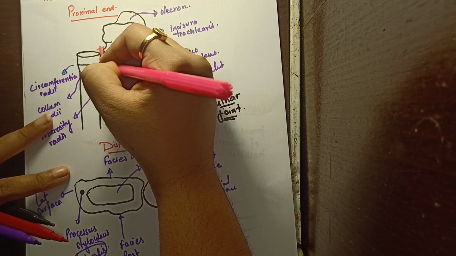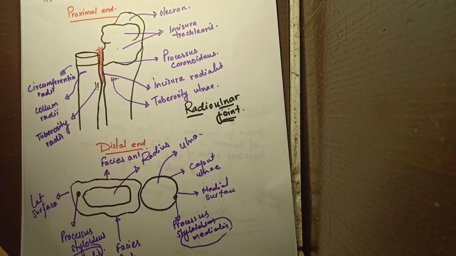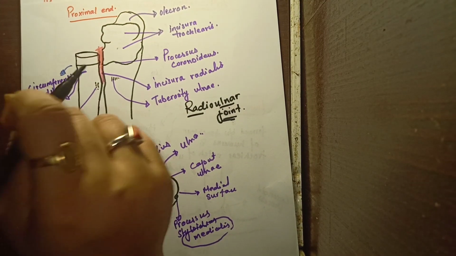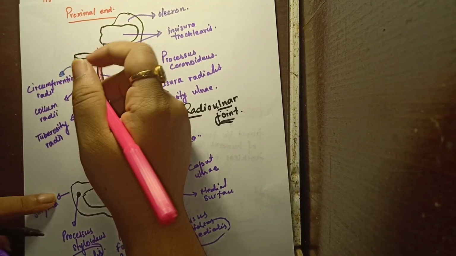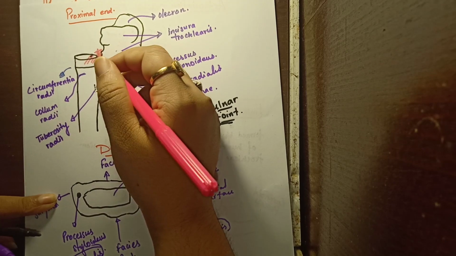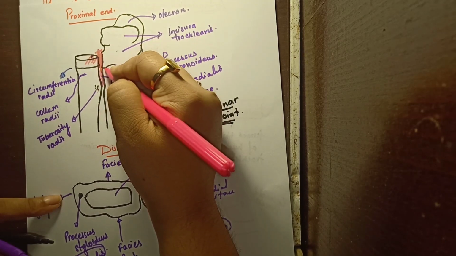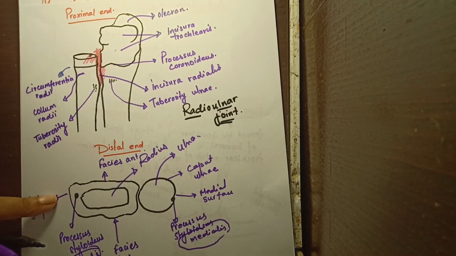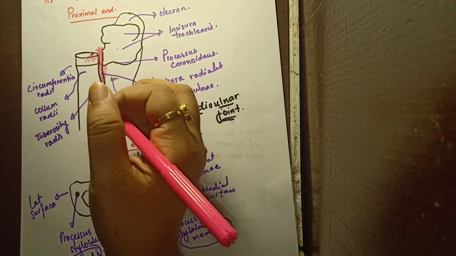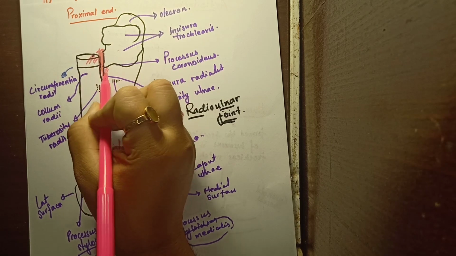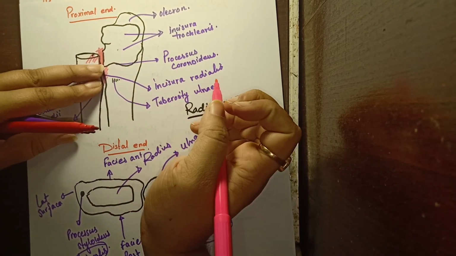This joint is formed between the head of the radius and the radial notch of the ulna. So this is an easy joint, that it's formed between the head of the radius and the incisura radialis of the ulna.